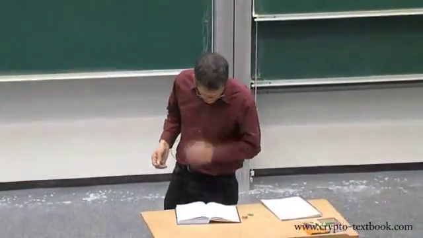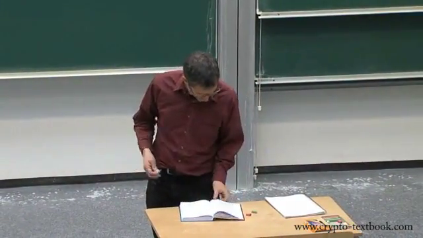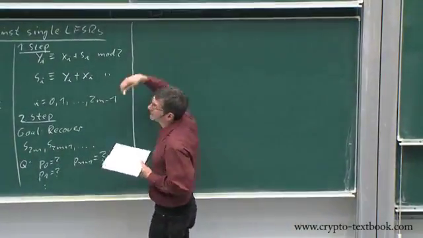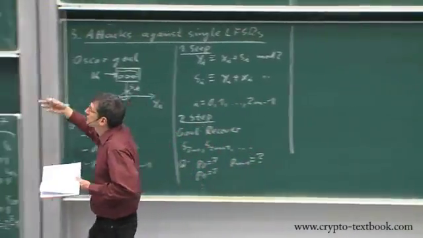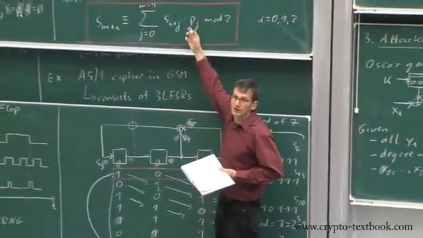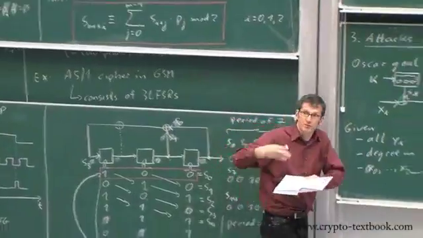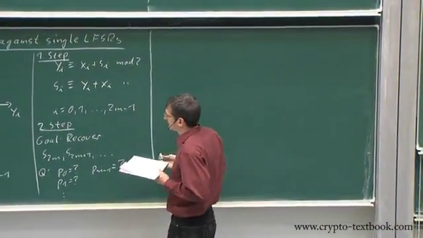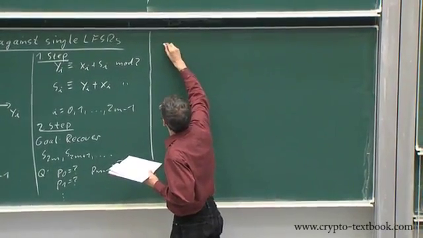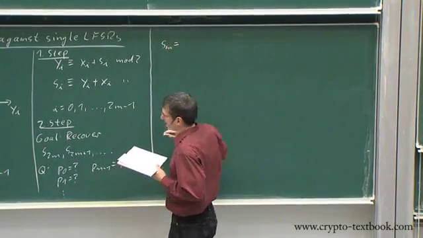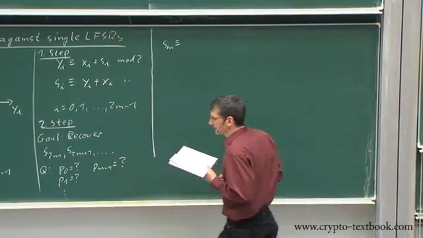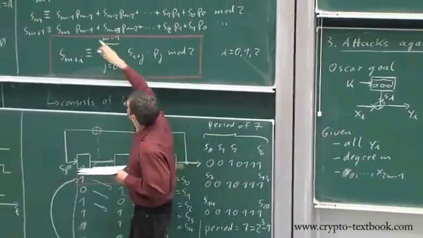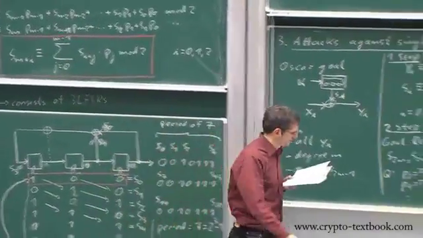We want equations that involve the pi. These are unknowns, and we want to end up with some kind of formula or algorithm for solving that. So first we write down an equation for sm. How was sm computed? We do exactly what we did here, taking exactly the same equation.